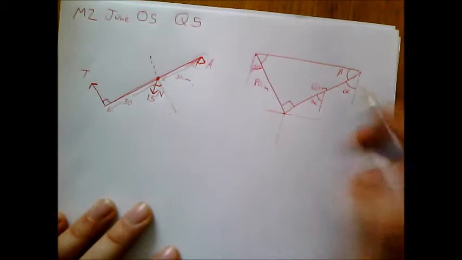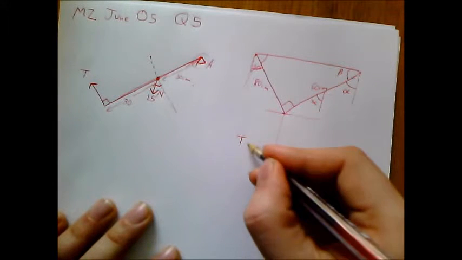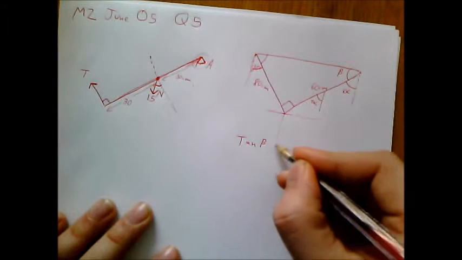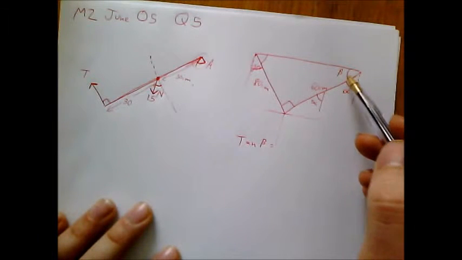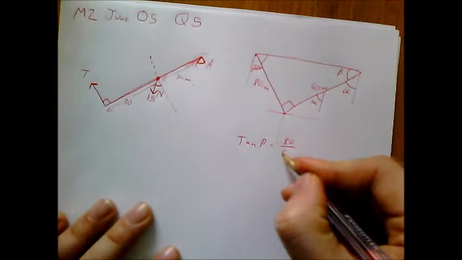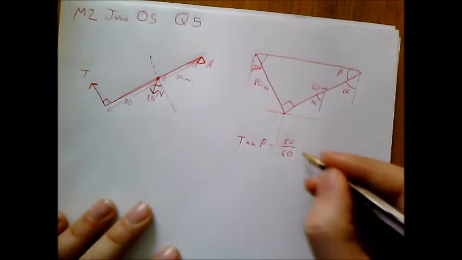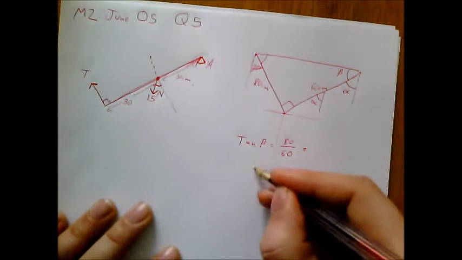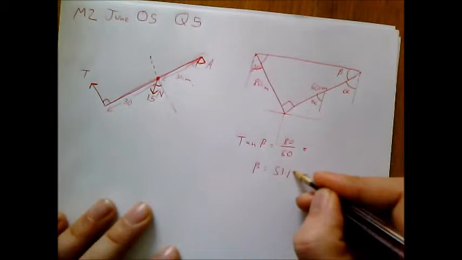I know an opposite and adjacent, so tan beta is equal to the opposite over the adjacent, so 80 over 60. So using inverse tan, beta is 53.13 degrees.